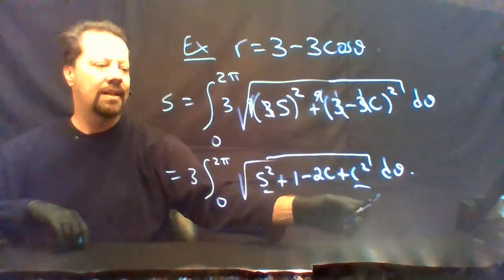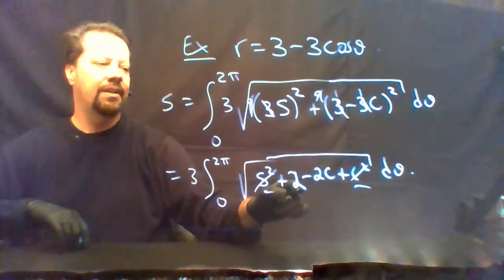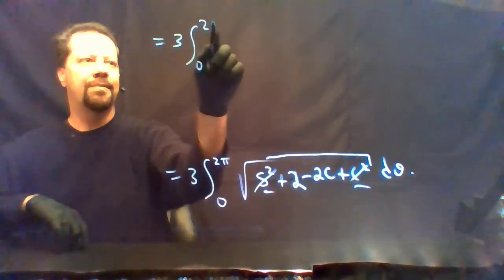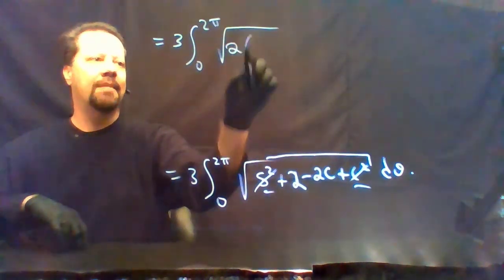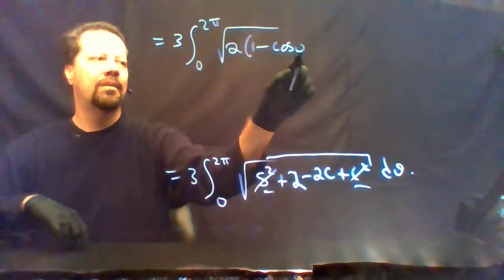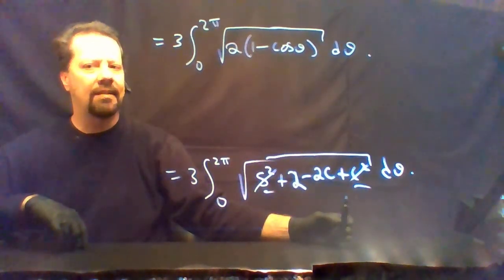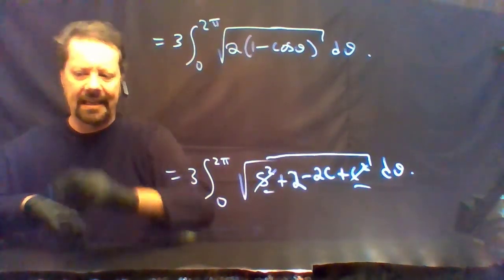Sine squared and cosine squared add up to 1, making a 2 here. So far we have 3, the integral from 0 to 2 pi, the square root of 2 times 1 minus cosine theta d theta. Now, 1 minus cosine theta is almost a half-angle identity.